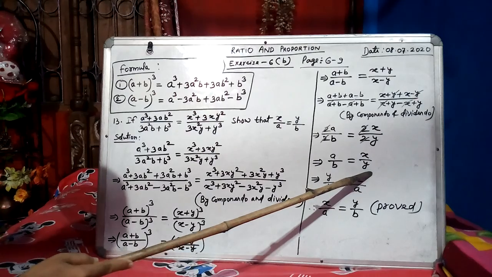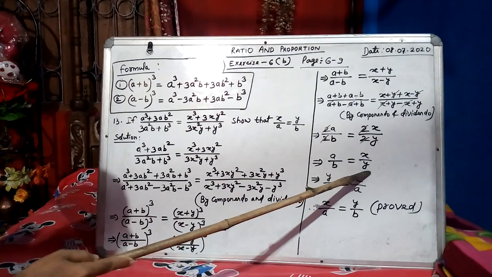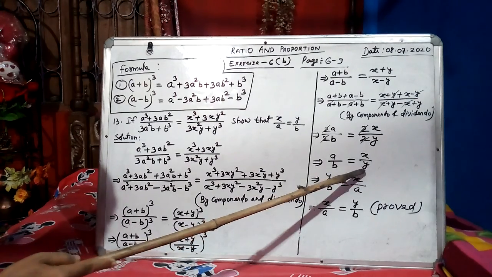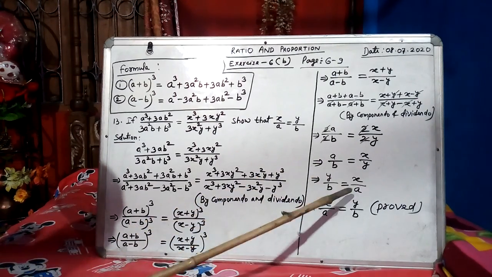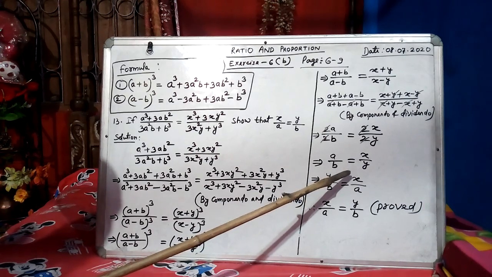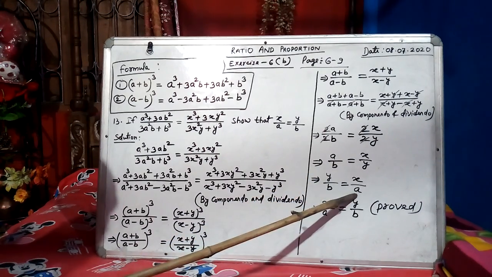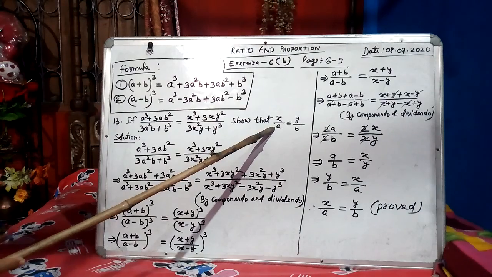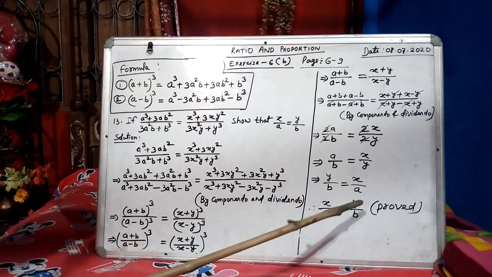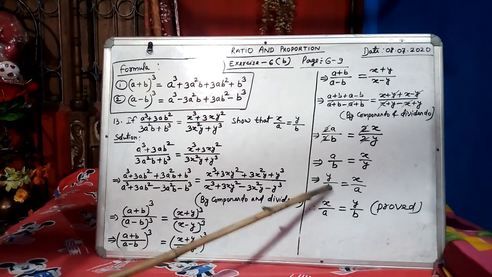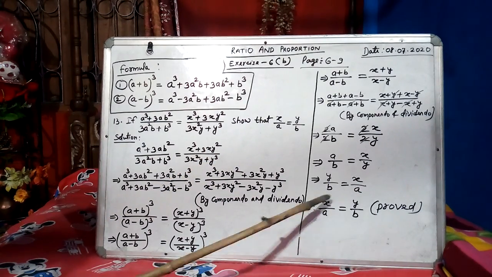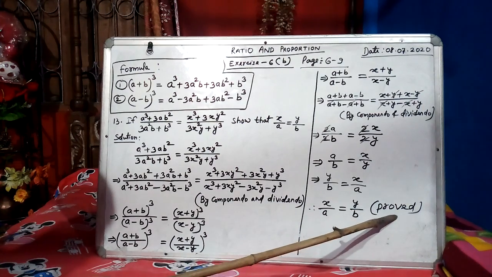This is also called alternendo, meaning we are changing the positions of each other. Now finally we got, after changing position, y by b and x by a. Now as x by a is in the first position and y by b is in the second position, I brought x by a here and y by b that side. This is called interchanging and hence it is proved.